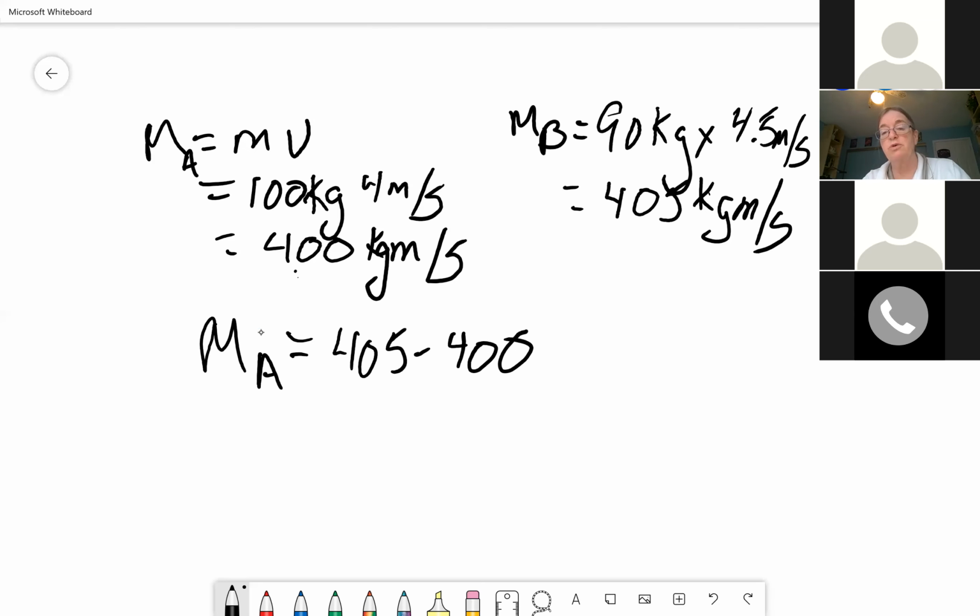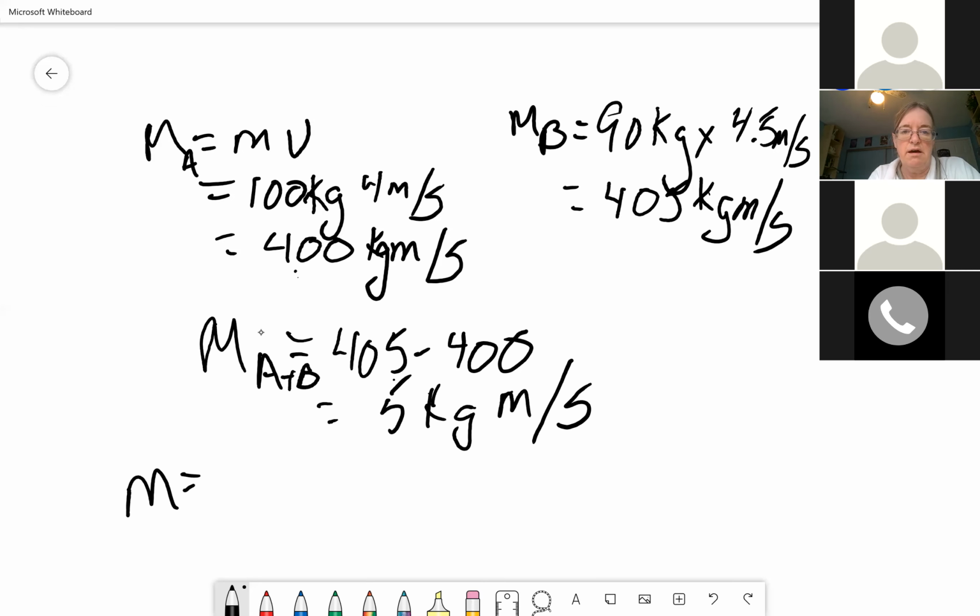So it's going to be 5 kilogram meters per second, but the mass is now 190 kilograms. If you divide the 5 kilogram meters per second by the 190, you should come up with 0.03 meters per second.